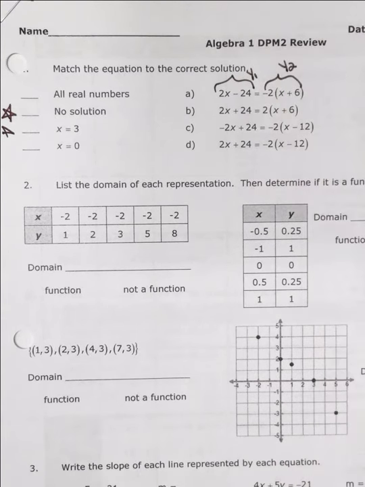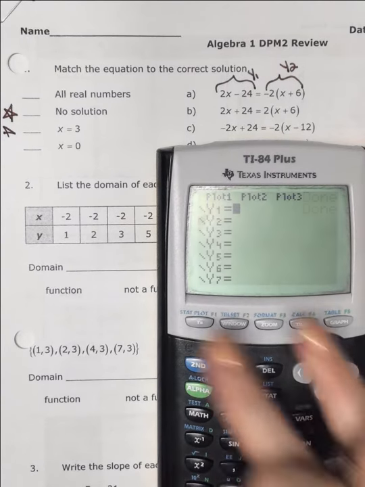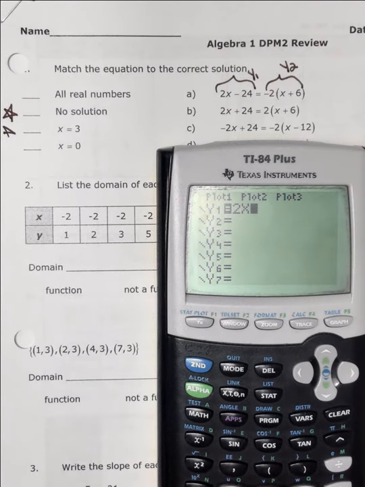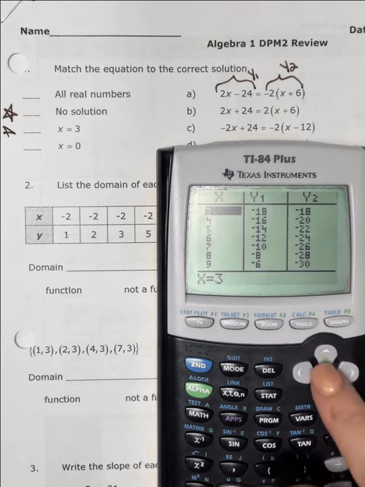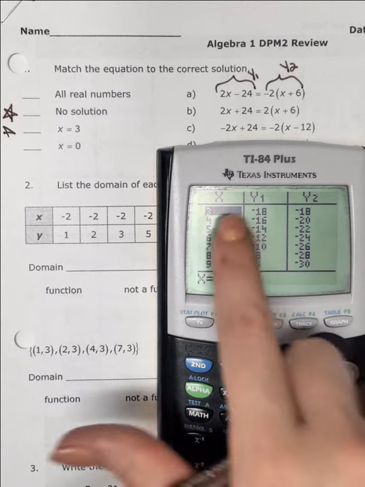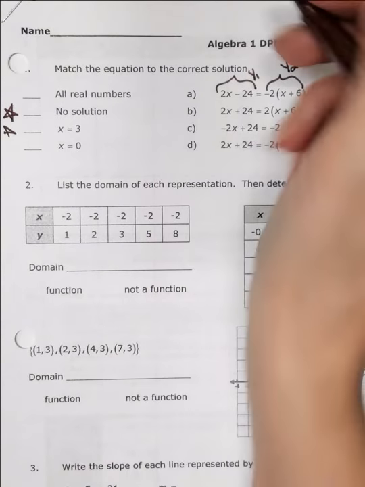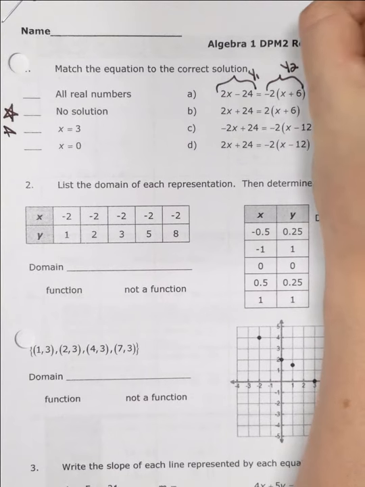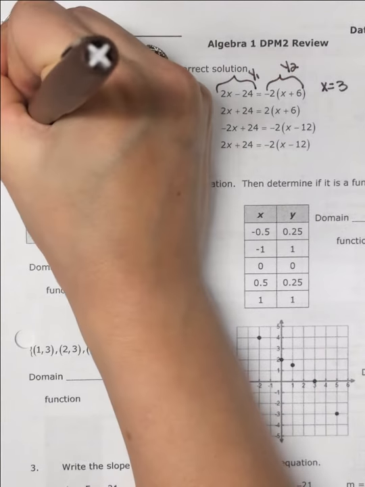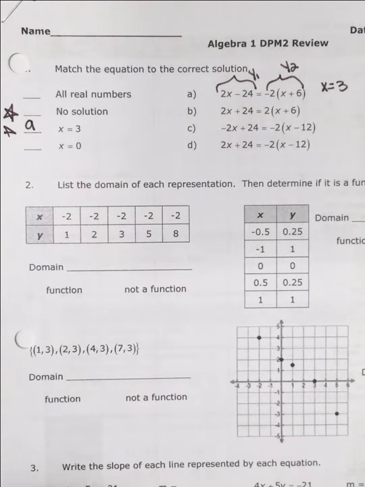If I go on my calculator, 2x minus 24, negative 2 parentheses x plus 6, we're looking on the table for where they're the same. And it's right here at 3. So the answer to this one is x equals 3. So that one's A.